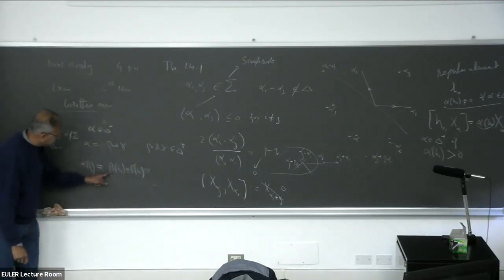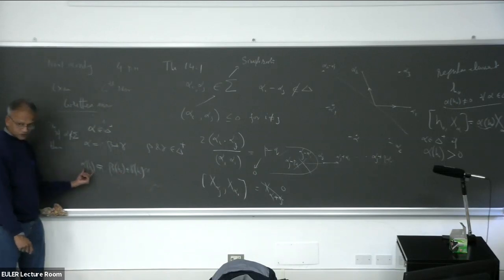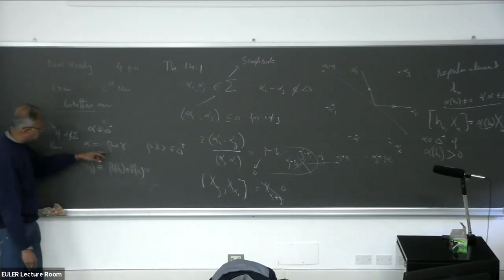Notice that the values beta(H0) and gamma(H0) are less than alpha(H0), because everything is positive: the sum of two positive terms is some positive term, so each of these will be less than that. At the next step, suppose both of them are not simple roots.